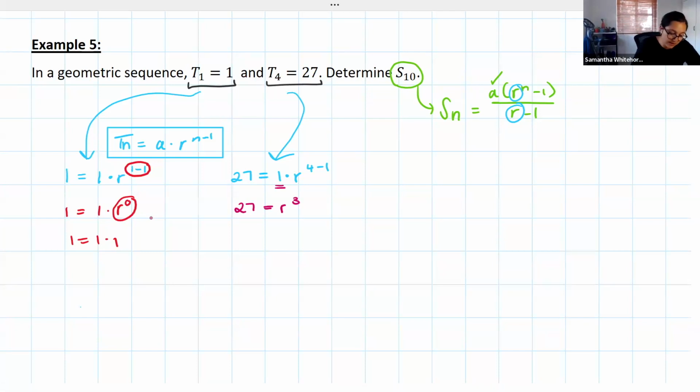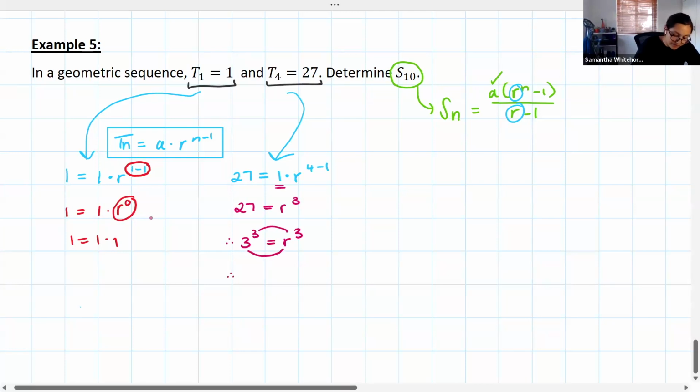And we know that 3 cubed is the same thing as 27. My exponents are the same, which means my bases must be the same. And so we can see that R is equal to 3 here. And now we have got our R value for our formula.